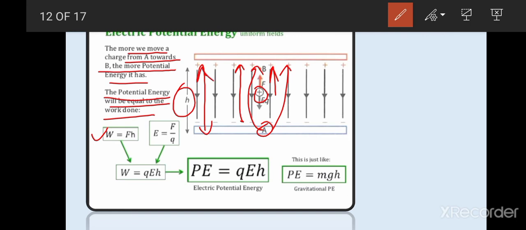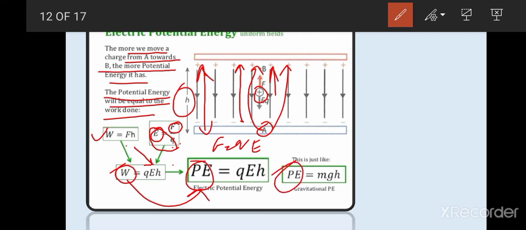Also the formula for electric field intensity is F over Q. Putting the value of F from this, F will be equal to QE, and putting in this formula for W, W will be equal to F, which is QE, and H in its place. W equals QEH, where W is actually the potential energy. So we can say that potential energy is QEH.